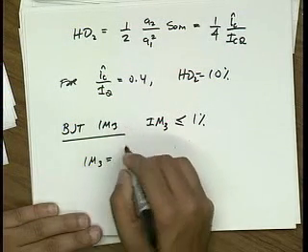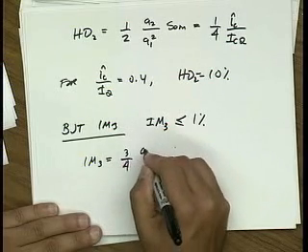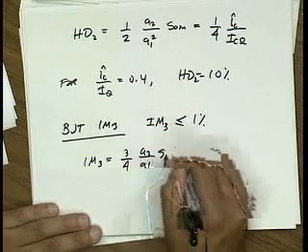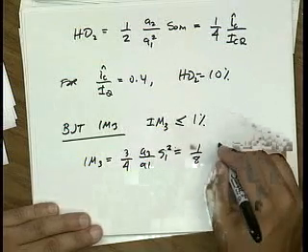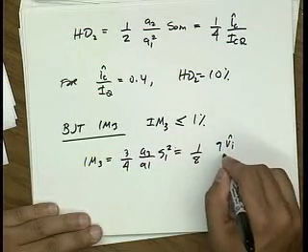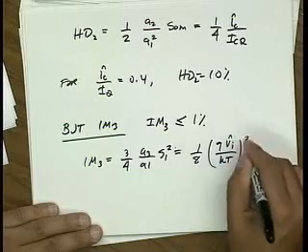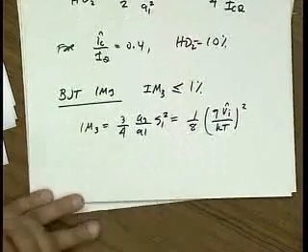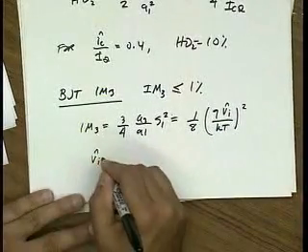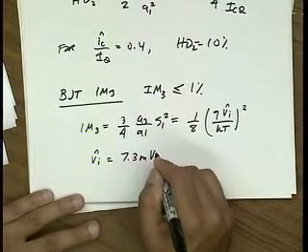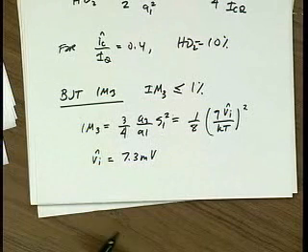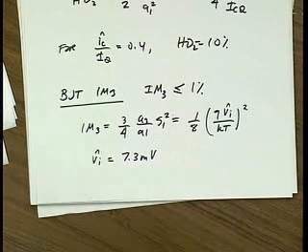So IM3, which is 3/4 A3 over A1 times V input squared, gives us 1/8 (Q V input over KT) squared. And if I solve that, I get that the input can't be larger than about 7 millivolts. Again, that's a pretty small voltage.